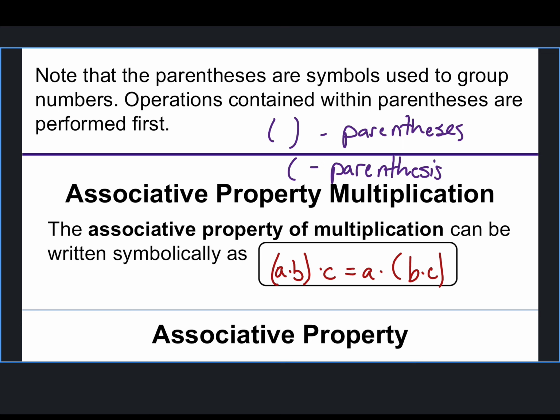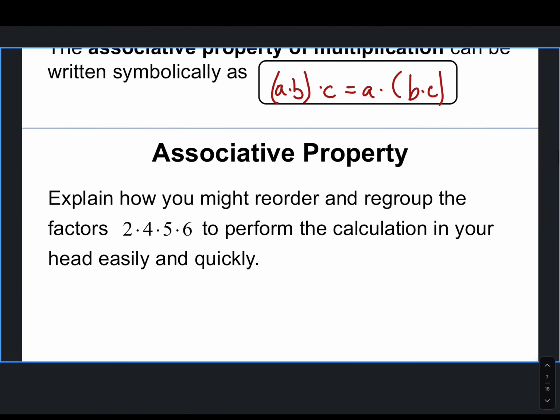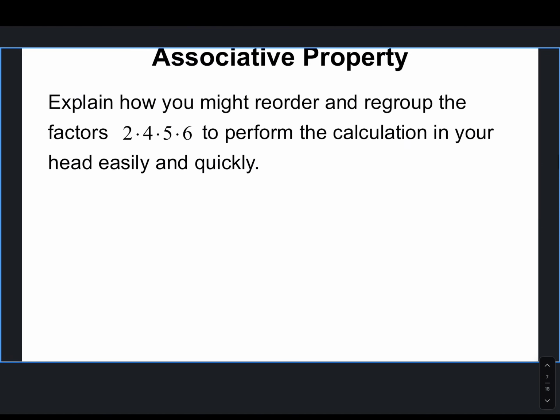No. Probably not generally. Generally, they'll come in pairs because you can't group things if you only have one. It's a good question, though.